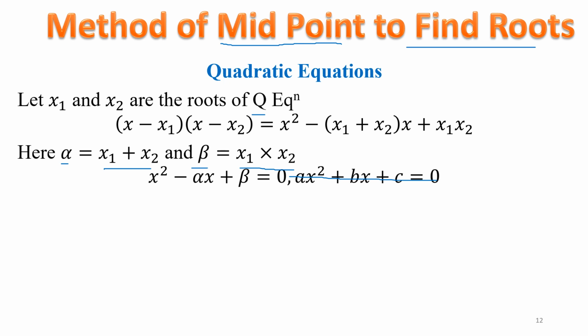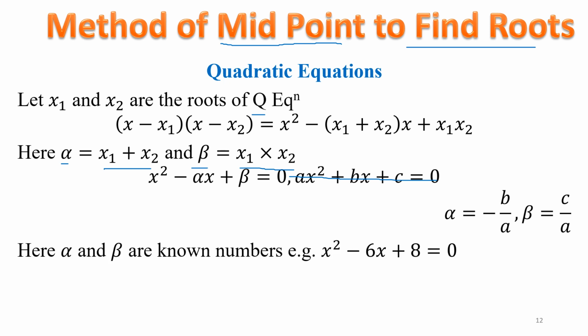I want to very clearly mention that the leading coefficient of x squared should be unity, and only then will this method be in the same form as we are representing here. So here, to make this form, you can employ these equations.